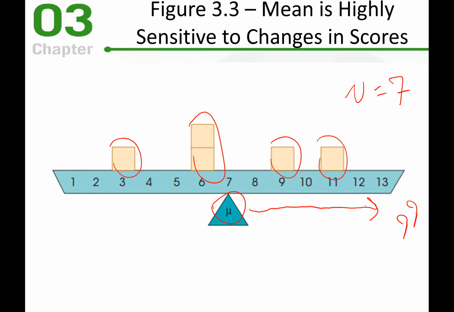So the mean is going to get really, really large. What I'm trying to stress is that the mean is highly sensitive to changes in scores, especially if we add a very, very large score.